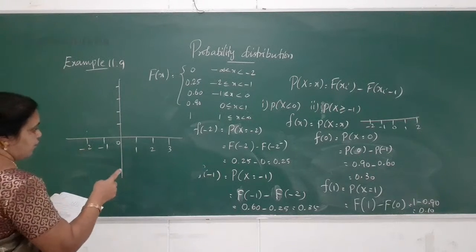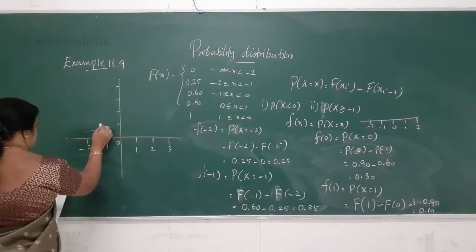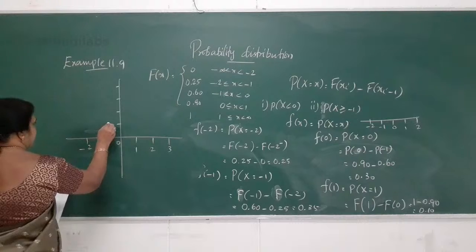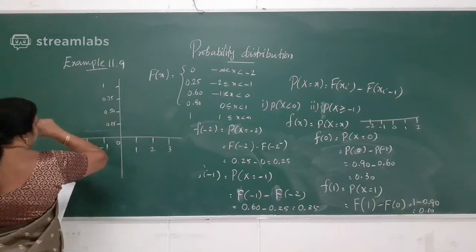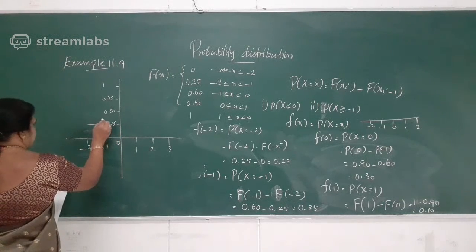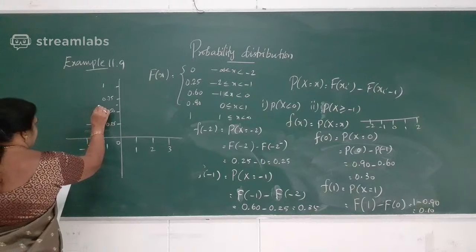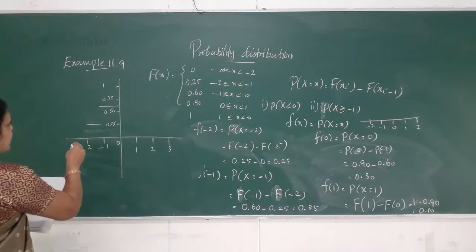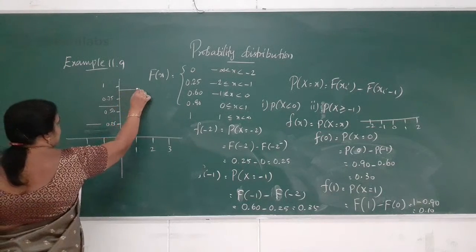Then for minus 1 we get 0.35. Taking 0.25, 0.50, 0.75, 1, it will come here. 0.35 means we add it to 0.25, and 0.60 will come here. Then the third value is 0.90, which comes here. Then 1.